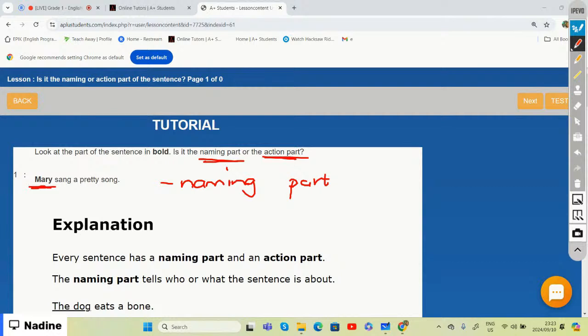If they're making mention of the name of a person, an animal, or a thing, then we can say that is a naming part of a sentence.